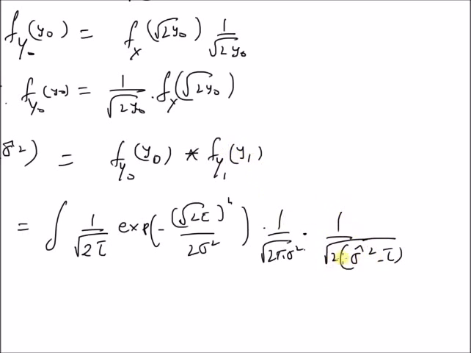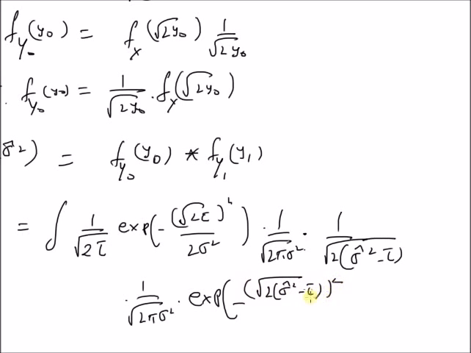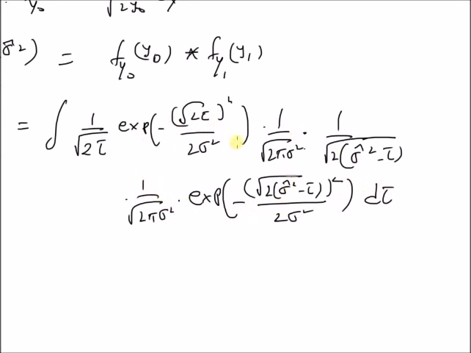That is 1 by square root of 2 into (sigma square hat minus tau) into 1 by square root of 2 pi sigma square into exponential of minus the exponential part of normal PDF, which is square root of 2 into (sigma square hat minus tau) whole square divided by 2 sigma square, and integration over tau. This is basically the definition of a convolution integral of these two functions.